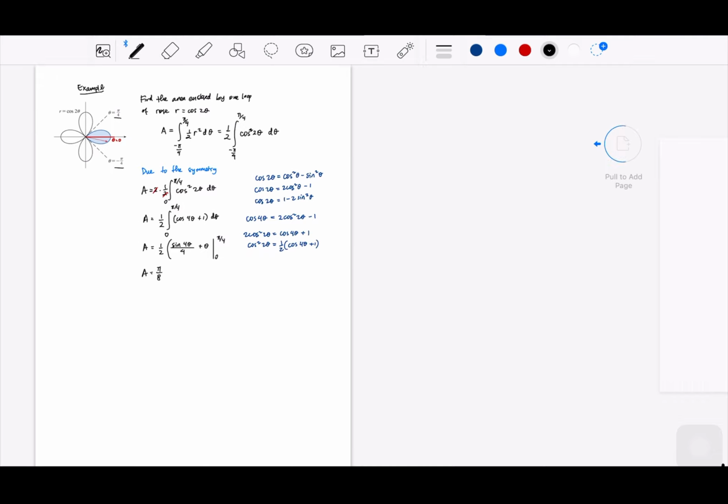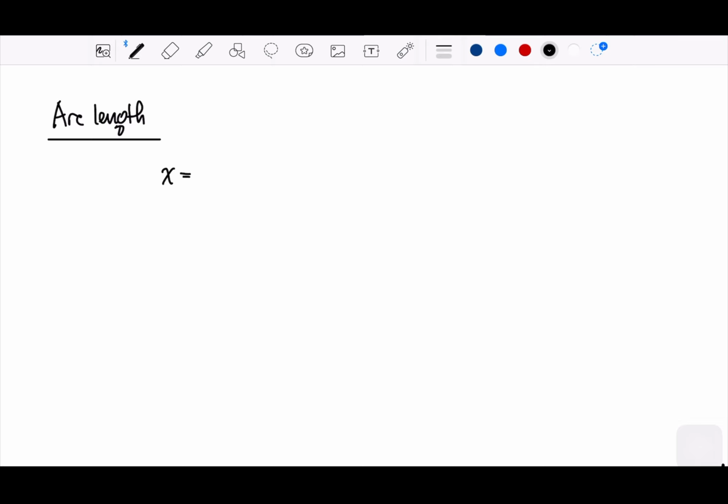So let's go through the arc length. Remember that we have relations between the Cartesian and polar. We can rewrite this, and we can rewrite r as a function.